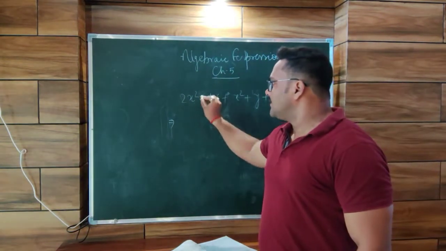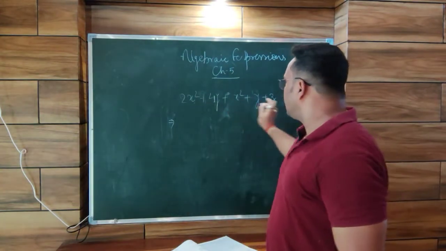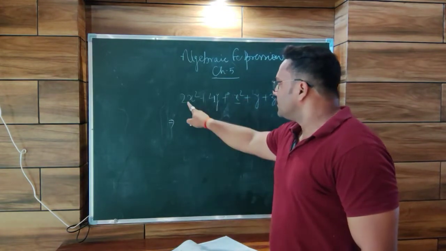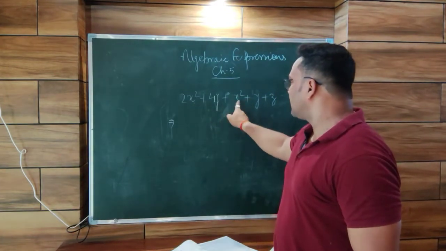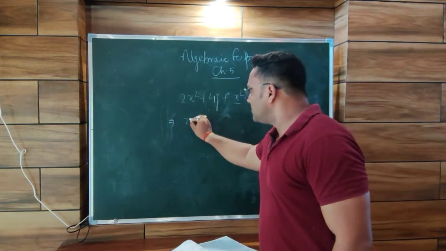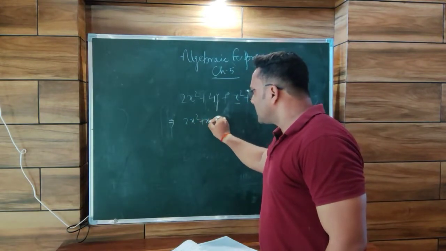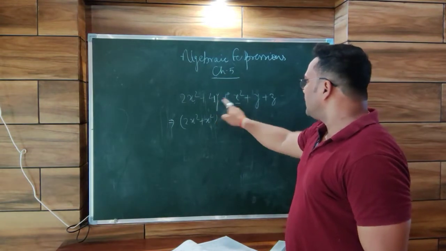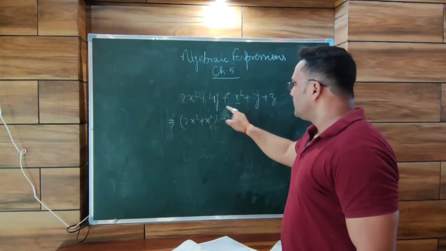Suppose here it is x square. Try to find if there is any other x square also. Yes, we have found it here. So it is 2x square and plus x square. So it will be 2x square plus x square. We can add them also. It is 4y and y, plus y and y.